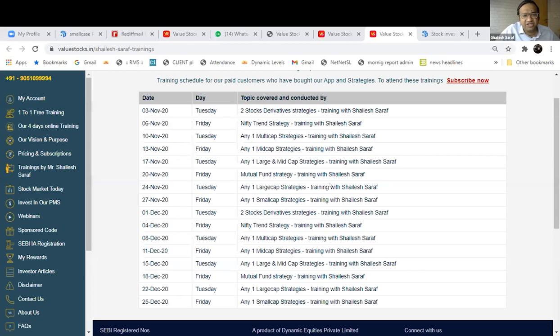My next program is my mutual fund training program, which is going to be fantastic. Buy one of the mutual fund strategies and we'll give you a lot of learning on mutual funds. 17th November is my large and mid strategy program, and then 20th November is mutual fund. We keep repeating on different days for the different strategies people buy.